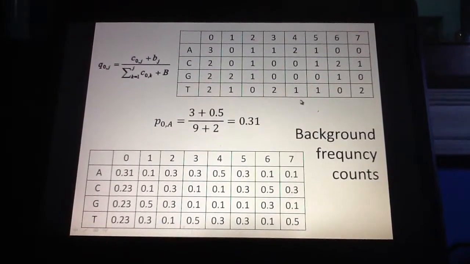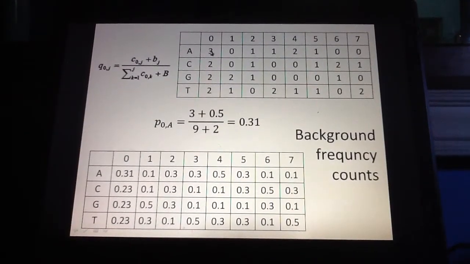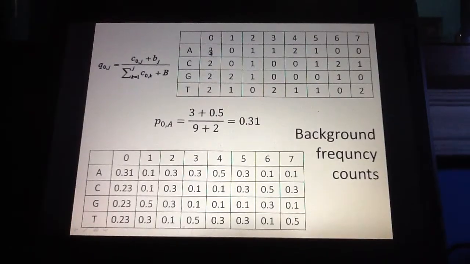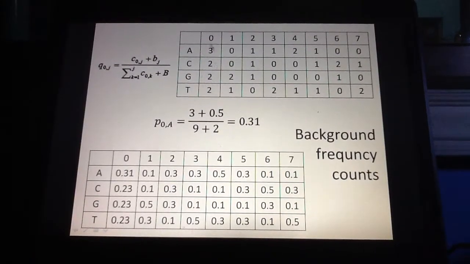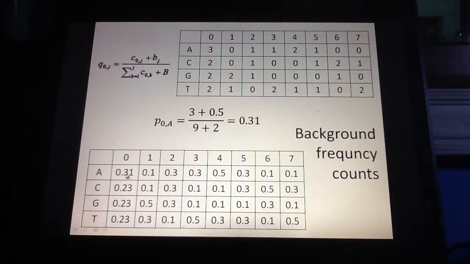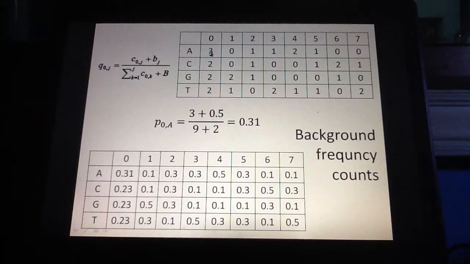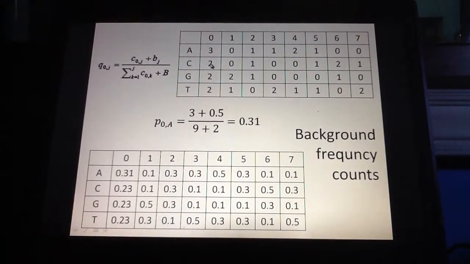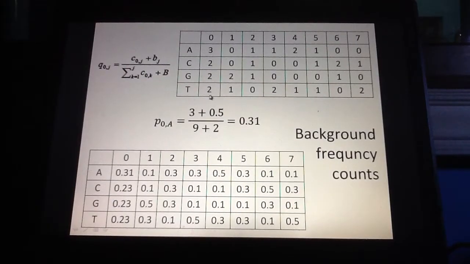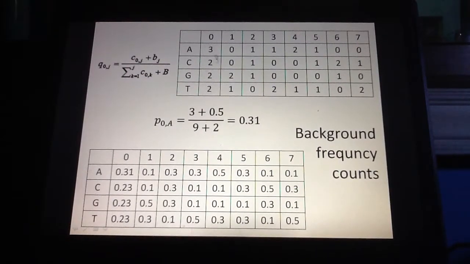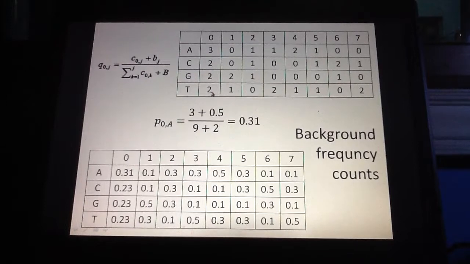In the simplest case, you just divide each of these numbers by the sum of all of the numbers in these sequences. Like for instance, to obtain this number here, it's simply 3 divided by the sum of this one, 2 divided by the sum of these numbers, 2 divided by these numbers here, and 2 divided by the sum of these numbers.